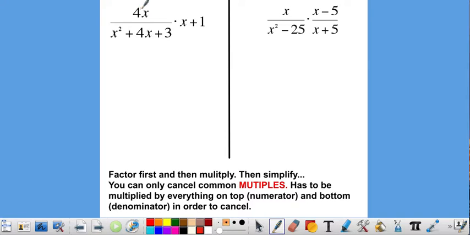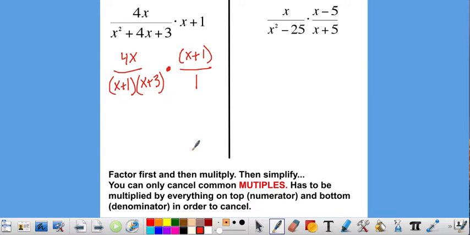So if we have 4x over x squared plus 4x plus 3 times x plus 1, I'm going to go ahead and factor the bottom here as x plus 1 times x plus 3, since 1 and 3 multiply to 3 and add to 4, times, and I'm going to write this as a fraction just because I can, x plus 1 over 1. And then we can see pretty clearly that our x plus 1s are going to cancel, and we're left with 4x over x plus 3.